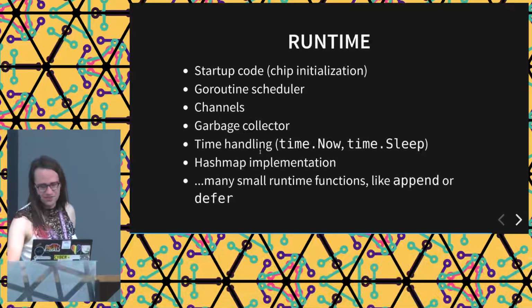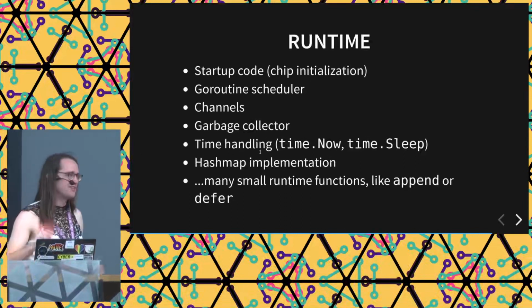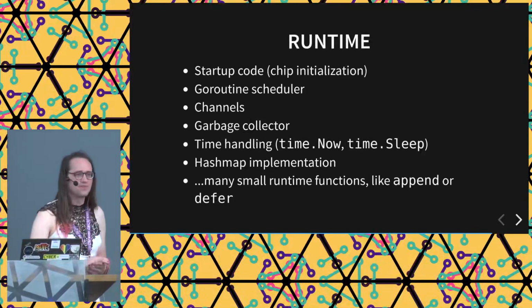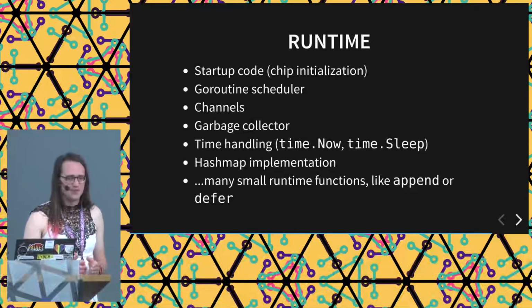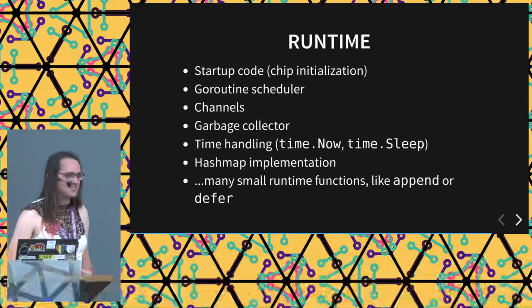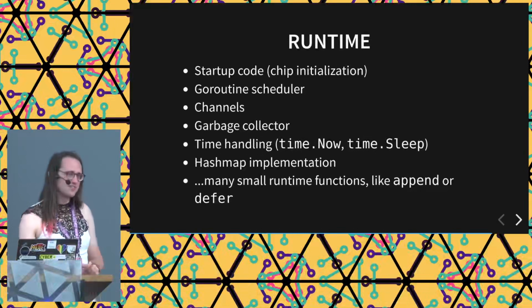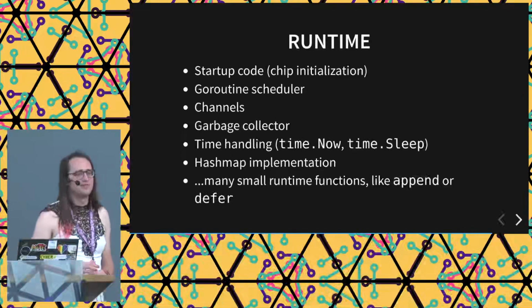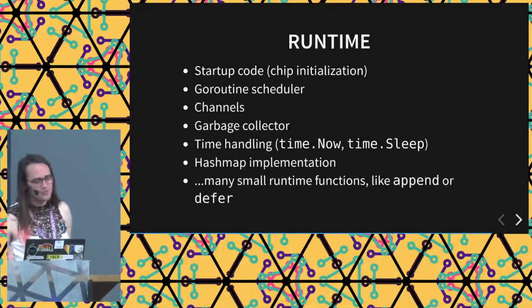But that's also in the runtime, and time handling, because every chip has a different way of controlling time. Many have an RTC, a real-time clock, because at the chip reset it's set back to 0. But this specific hardware implementation has to be converted back to the time.now and time.sleep in Go. And that's what the runtime does.